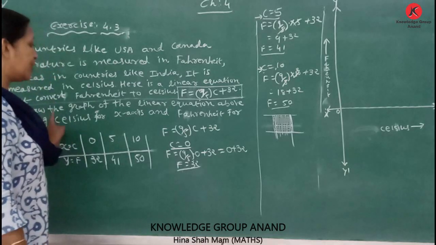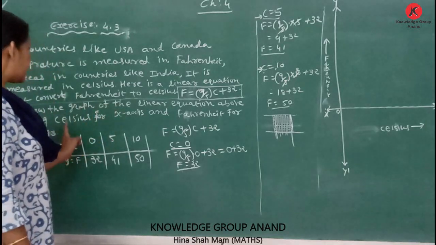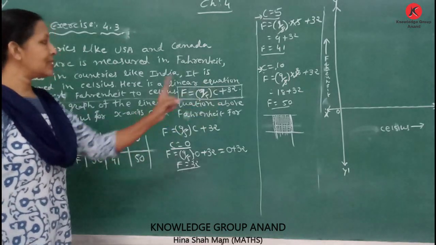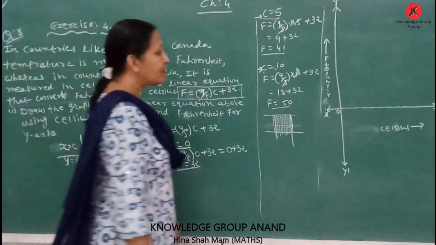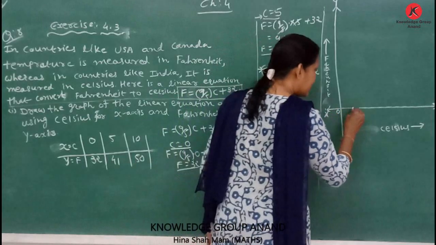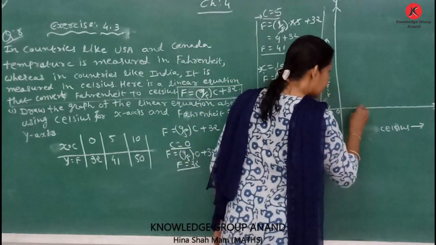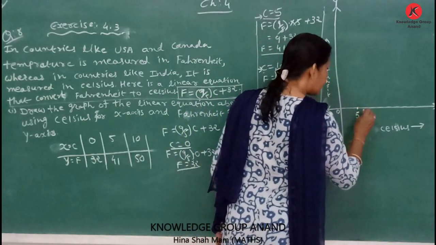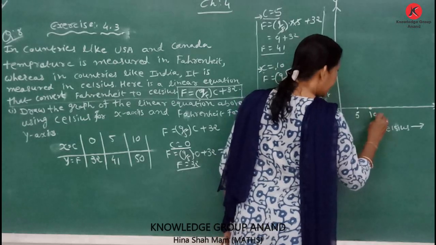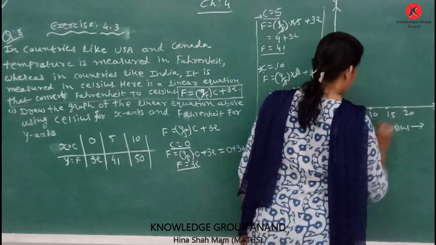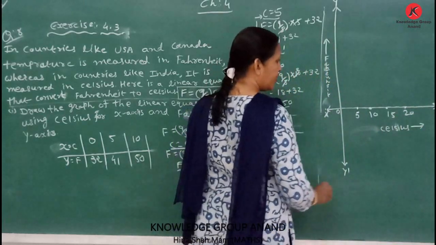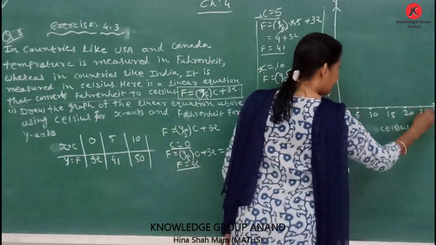You have given equation Celsius for x-axis and Fahrenheit for y-axis. On x-axis we take Celsius 1 centimeter is equal to 5, 10, 15, 20, 25.